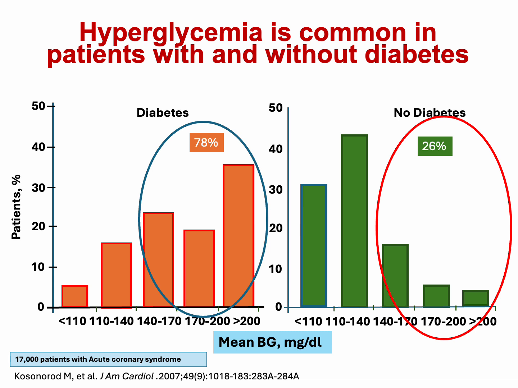The data showed that approximately 80% of patients with diabetes had blood glucose levels exceeding this threshold. Notably, even among those without prior diabetes diagnosis, about 1 in 4 exhibited elevated blood glucose levels. And these patients without known diabetes may be exhibiting stress-induced hyperglycemia, a condition that is frequently seen in hospitalized individuals.